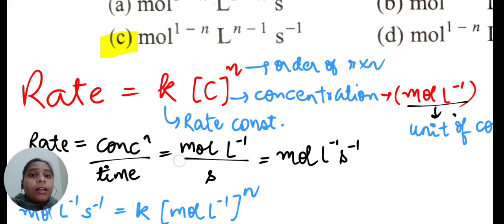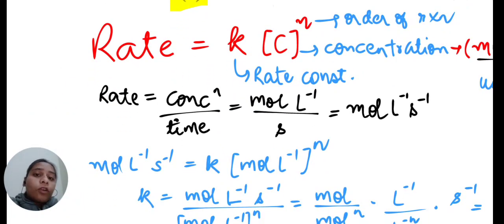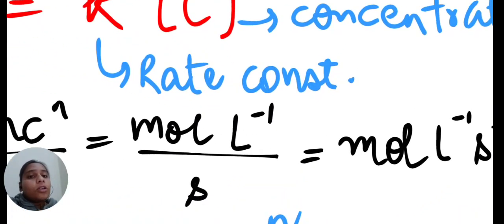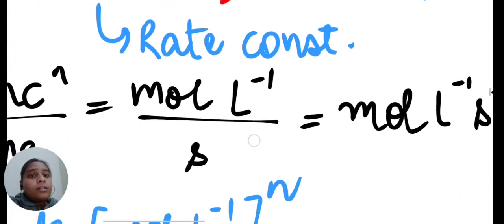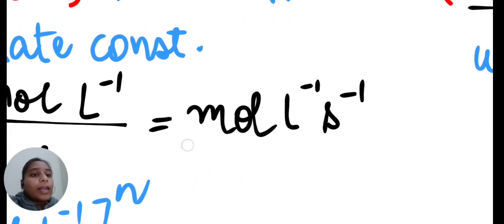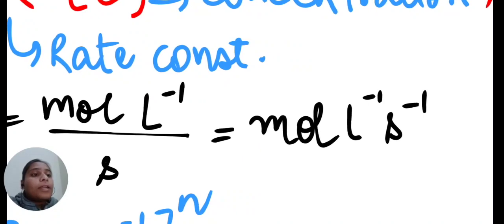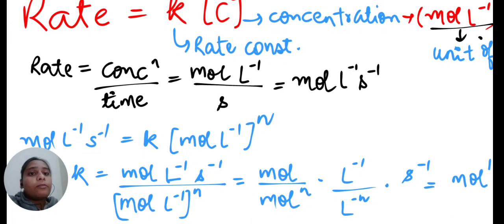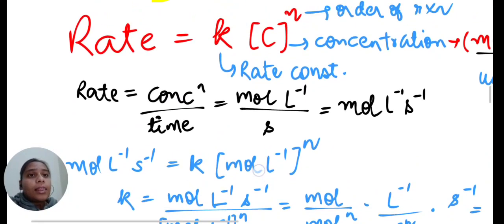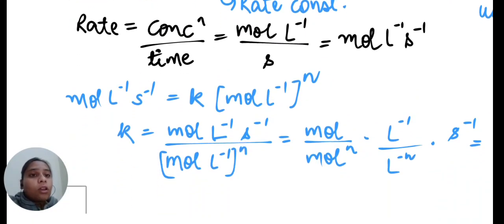Now, the second definition of rate says that rate is change in concentration per unit time. The unit of concentration is mole per liter and the unit of time is taken as second. So, the unit of rate is mole per liter per second. Now, putting the unit of rate and the unit of concentration in the above formula, we can solve it and directly get the answer.